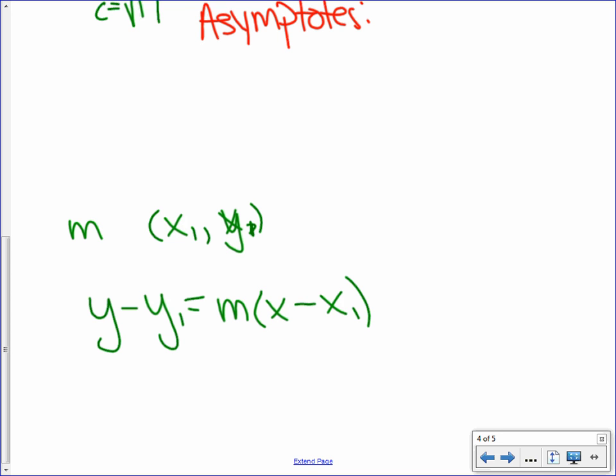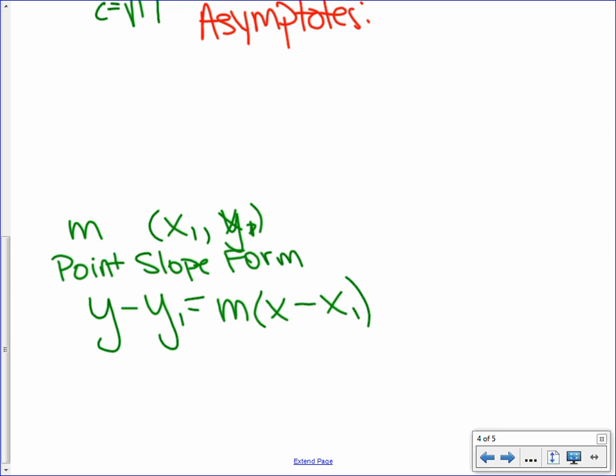Does that seem vaguely familiar? Write it down then. Those of you who go on to calculus, point slope form will be your best friend. I promise you, this is easier than setting y equals mx plus b up and solving for b. This is going to save you time and energy, and it will be less work. We all like that, right?